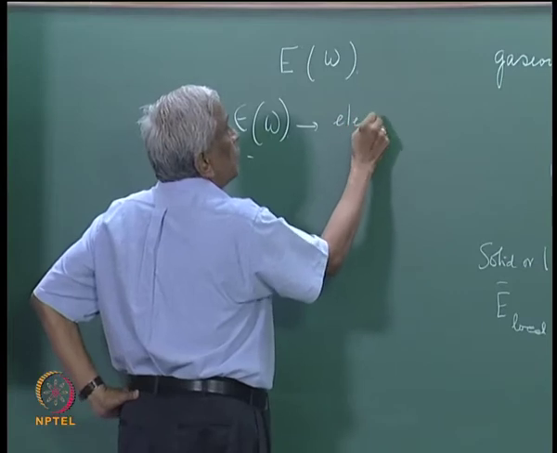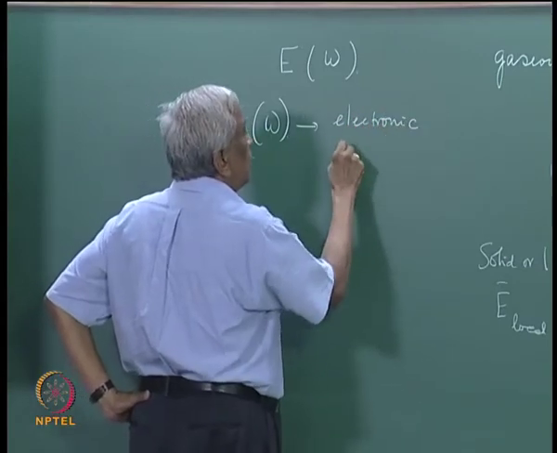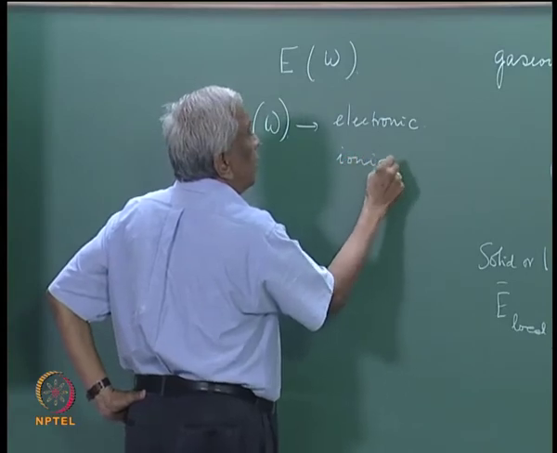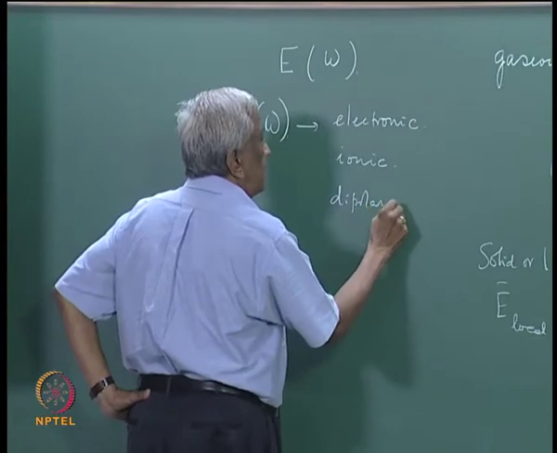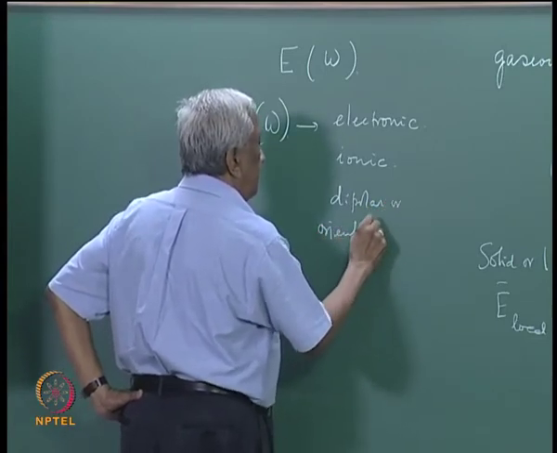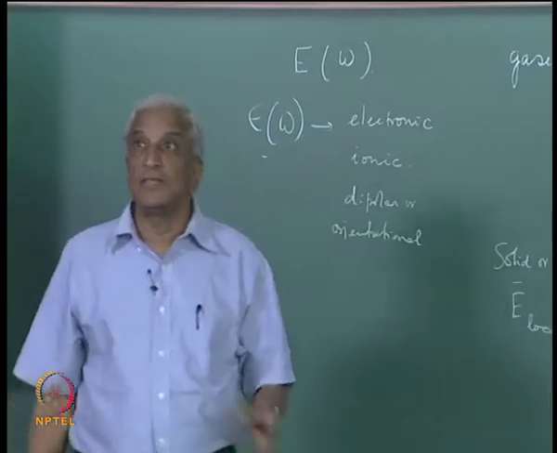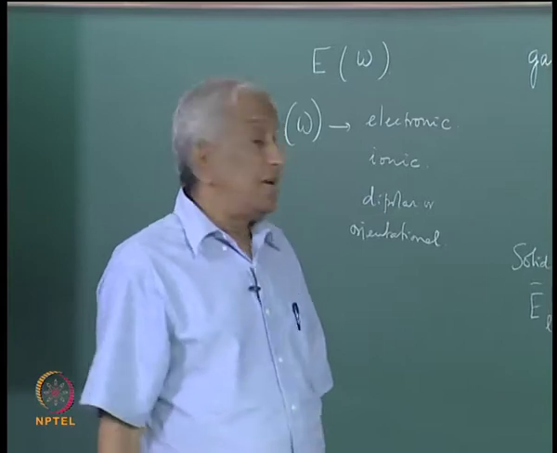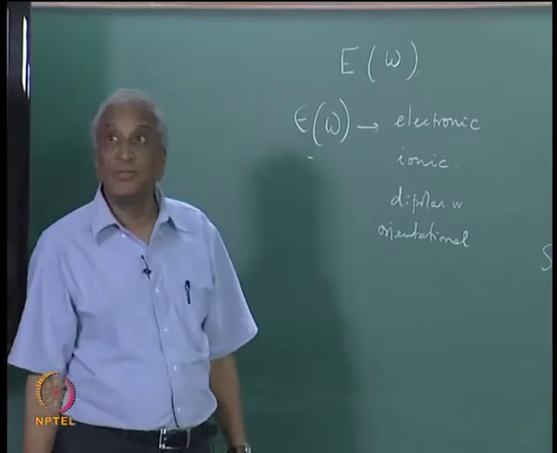The mechanism of polarizations can be of different kinds: electronic, ionic, and dipolar or orientational. Last time we discussed these with a specific reference to examples such as sodium chloride and water and so on.